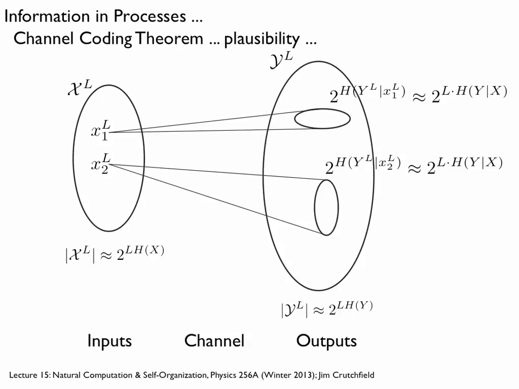If I look at a sufficiently long length, I'm going to have plenty of room to design non-overlapping ovals, the noise-fuzzed message words. So that's the main trick. In fact, you often hear that it's a sphere packing problem in arbitrarily high dimensions. So put these things in different places.